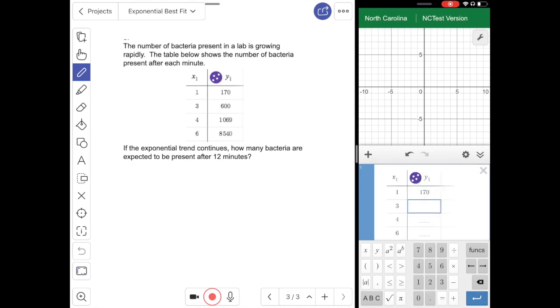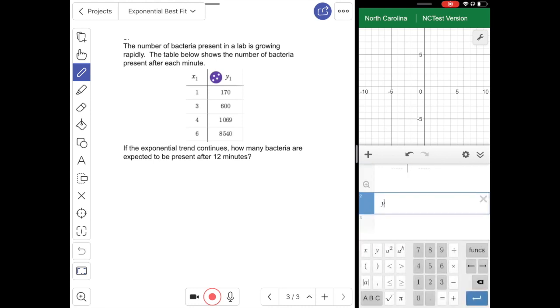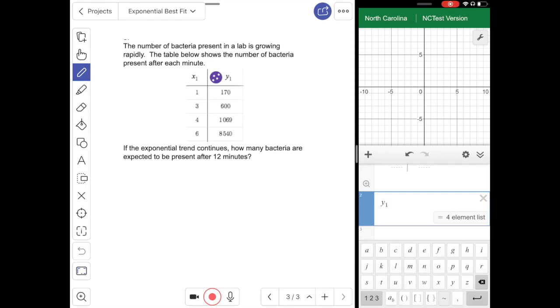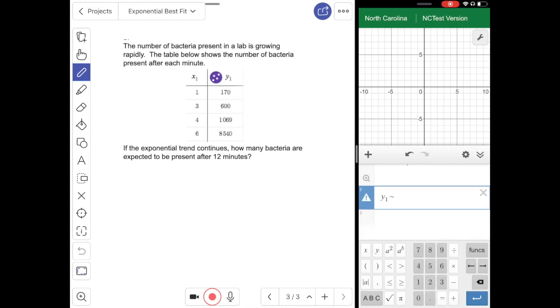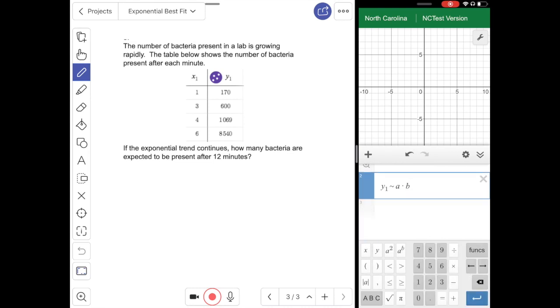And again, make sure you're very careful about typing your pieces, because just one piece being off can mess up your whole model. And I'm going to put in y1, my similar squiggle, a times b, and I'm going to raise that to x1. And again, I'm using those because those are the labels that are in my table.